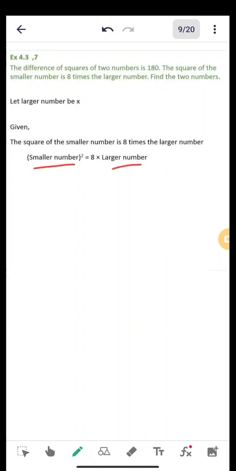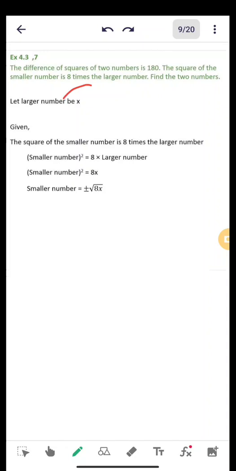The larger number is x, so I can write the smaller number squared is 8x, or the smaller number is equal to, when I remove the square, plus or minus root of 8x. Now according to the question, the difference of the squares of two numbers is 180.